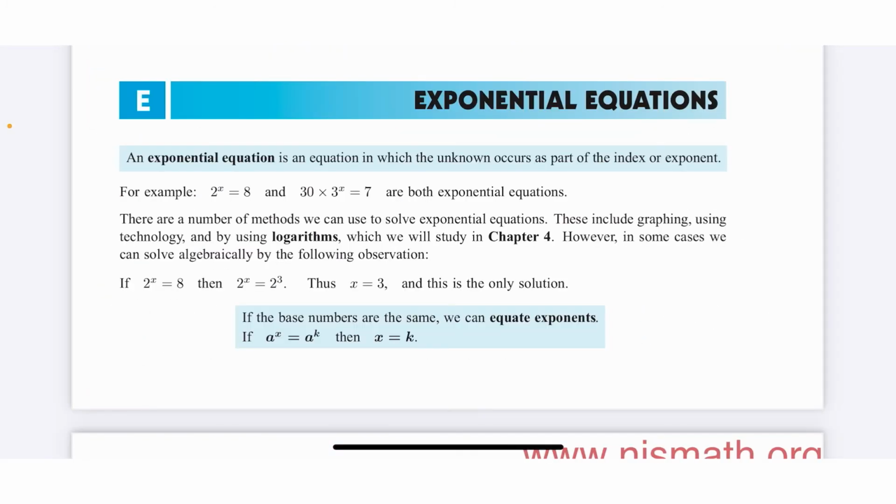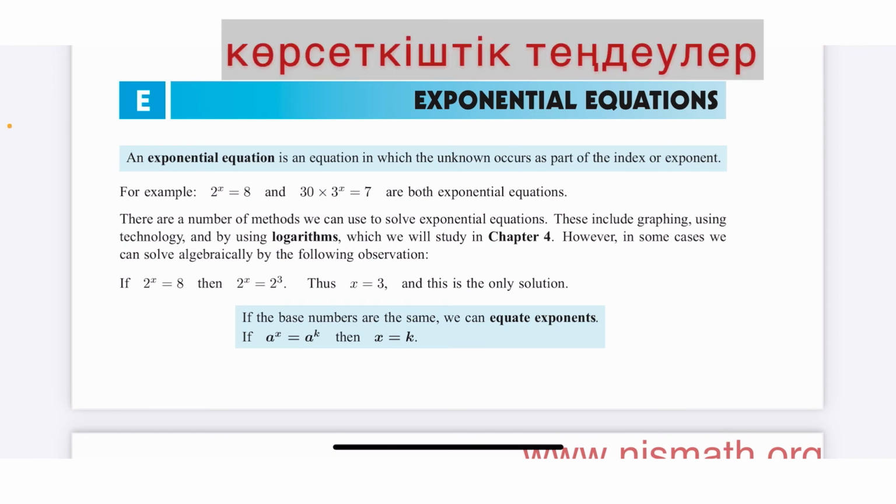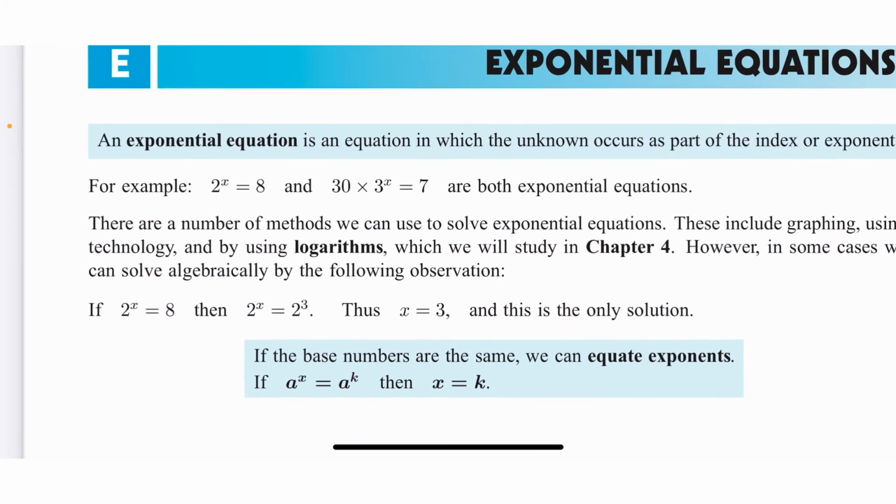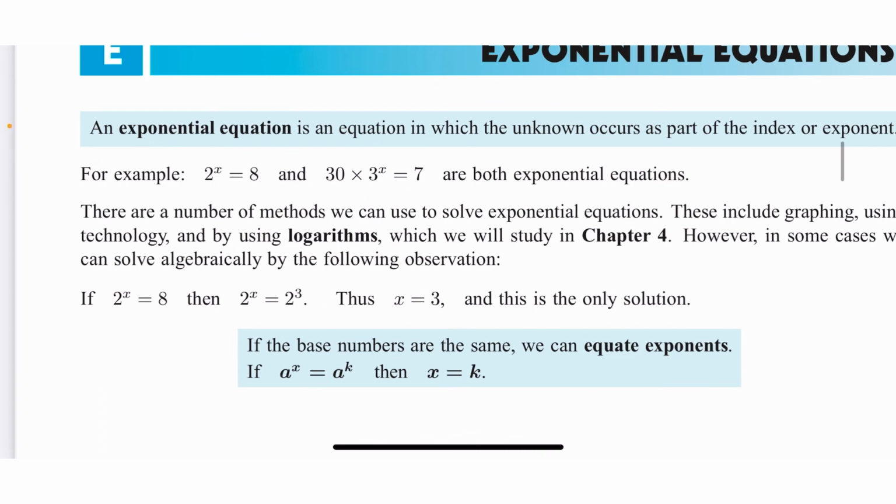Interesting part, exponential equations. An exponential equation is an equation in which the unknown occurs as part of the index or exponent. So the unknown part, the variable, is in the exponent place. So we have to find the power, the exponent of this term.